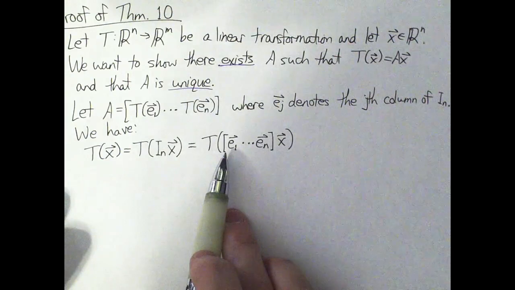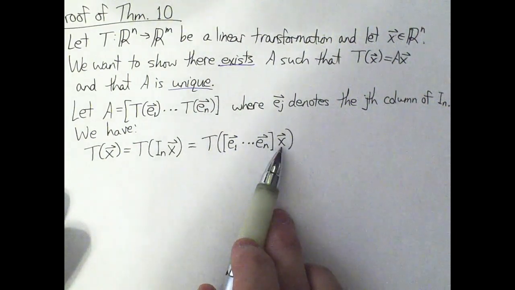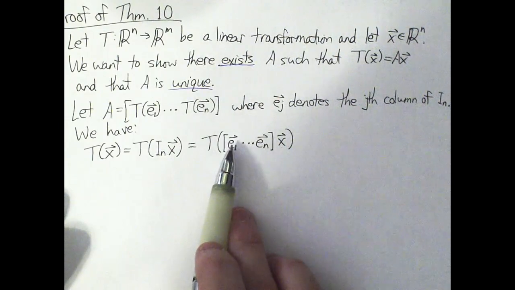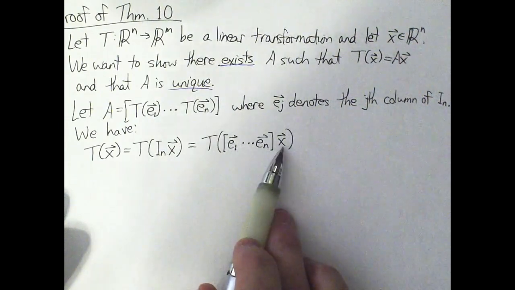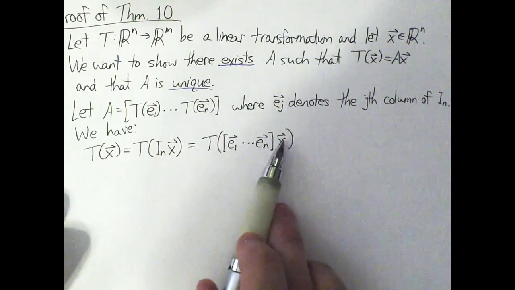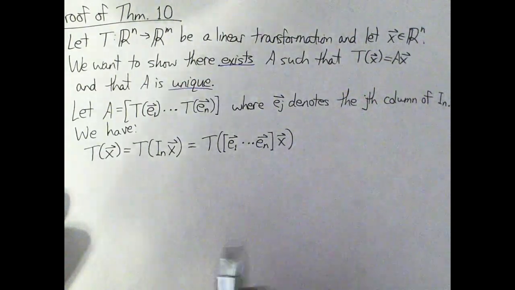Now, if we were to do this, each column times each entry of X, that's how we do a matrix times a vector, right? First column of this times first entry of this, second column of this times second entry of this, and so on.